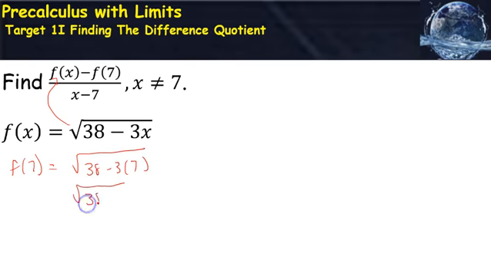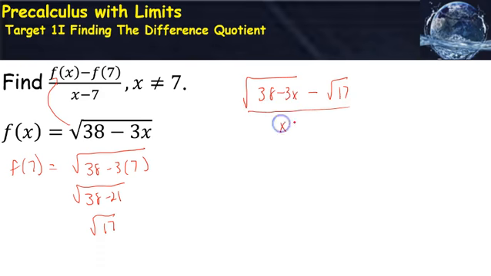So I have 38 minus 21, which is 17. So I have this f of x, which is 38 minus 3x, minus root 17, all over x minus 7. And this cannot be simplified, so I'm leaving it be.